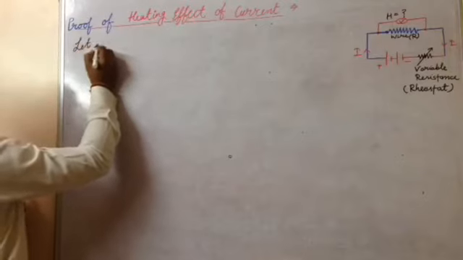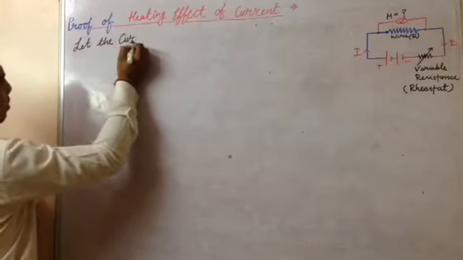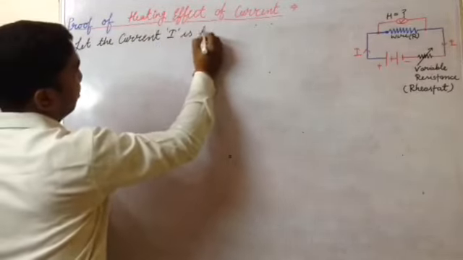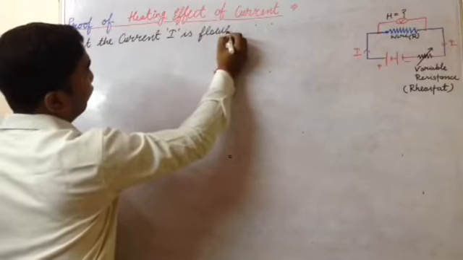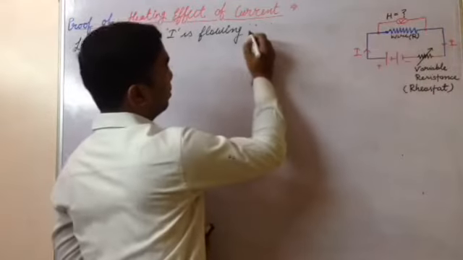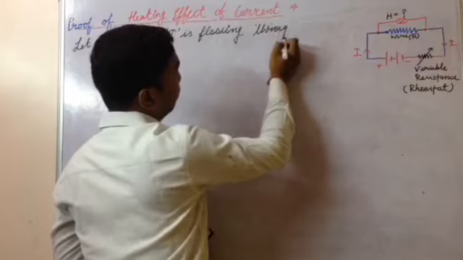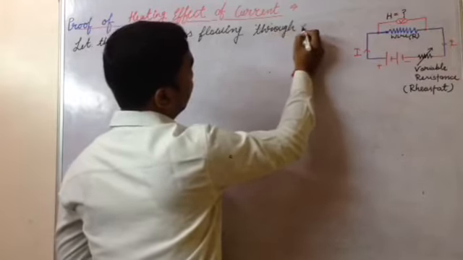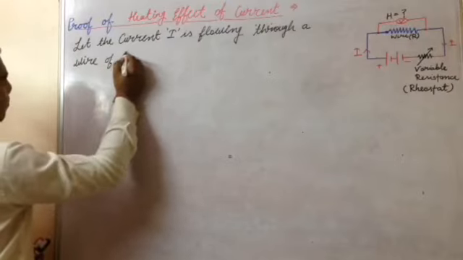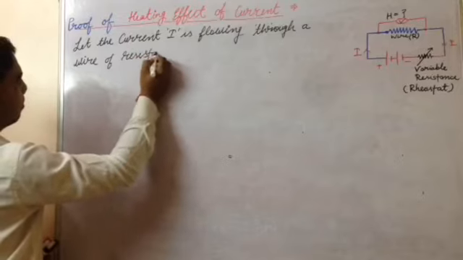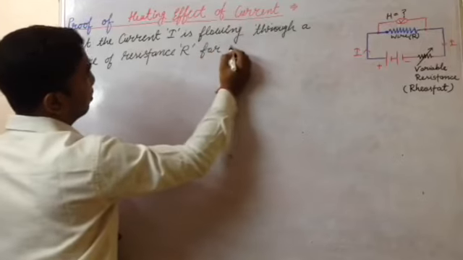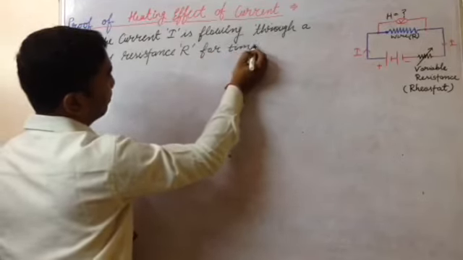Let the current I is flowing through a wire of resistance R for time t.